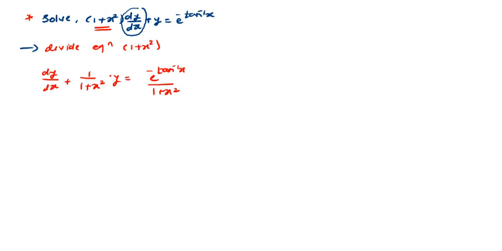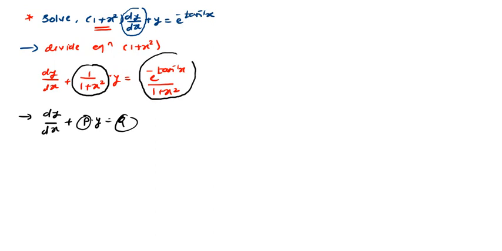Now you can clearly see, if you compare this to our general form of linear differential equation in y, which is dy by dx plus p into y is equal to q, where p and q are functions of x, in this equation also y is multiplied by a term that is a function of x, and the whole right-hand term is a function of x.